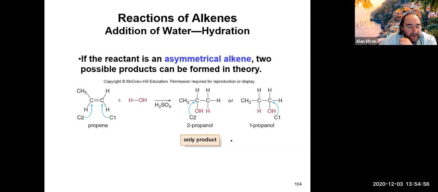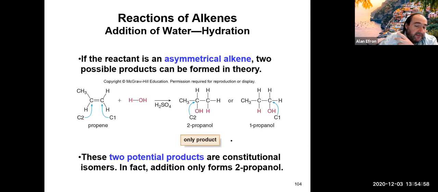Now, there is one that's referred to as an unsymmetrical addition, and this occurs when we are adding H and something else, where there are different numbers of hydrogens on this carbon-carbon double bond. And what I'm talking about is the number of hydrogens that are directly attached to the carbon.